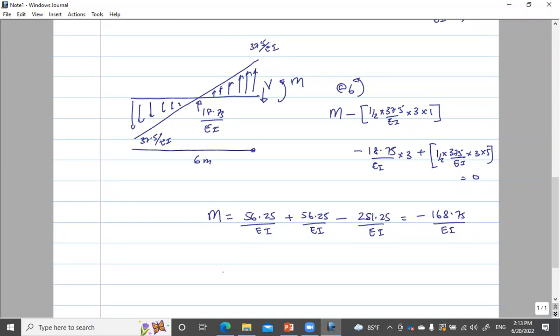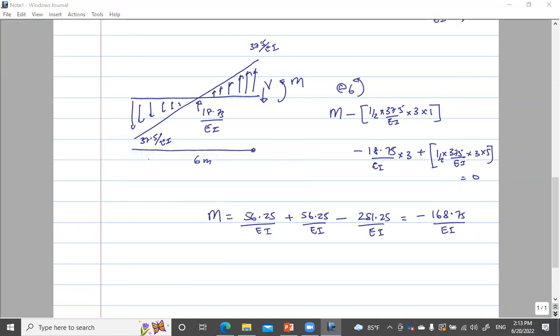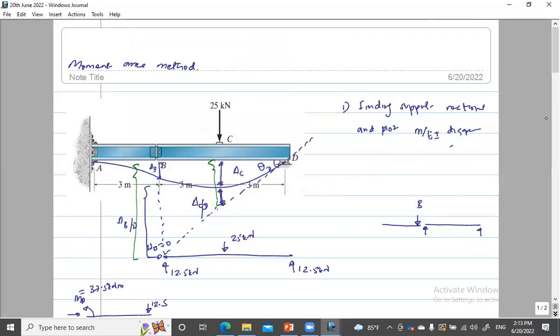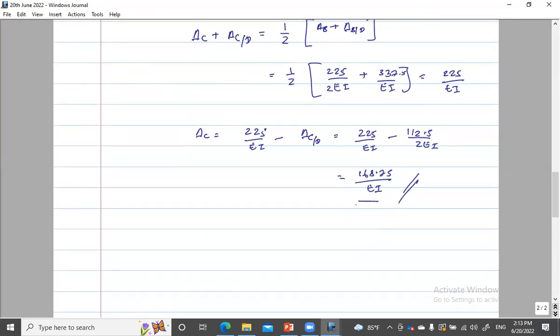So that should be equal to the deflection in a real beam. So let us see whether we have done it correctly previously. What is the deflection we got? We got delta C as 168.75 over EI when we did using the moment area method. But we didn't have any idea because we know we have sketched it. We know it is downward and we got a value, and that value we know is a deflection, but it is downward because we have sketched it.